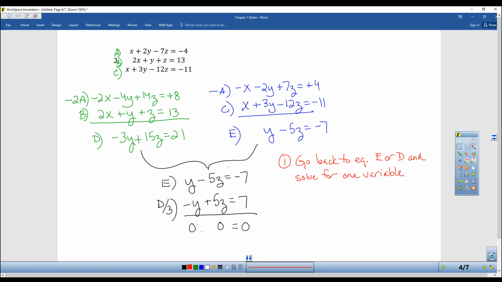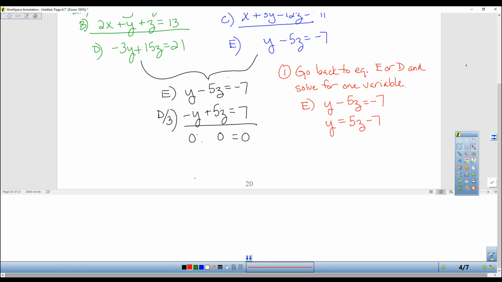So I look at this and I think E is definitely easier. Y is equal to, well, I guess I'll show the actual step. Y minus 5z is equal to negative 7. I'm picking this one because I can get the y all by itself easily. You always want to pick the equation where you can get y all by itself easily, or whatever variable.